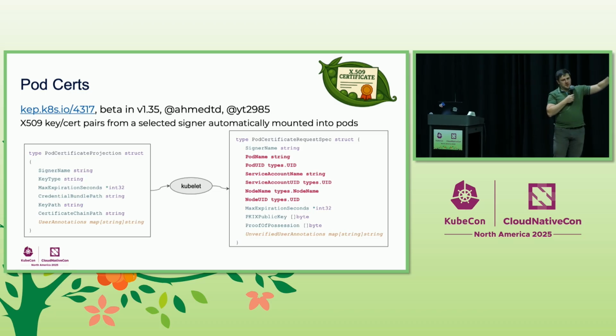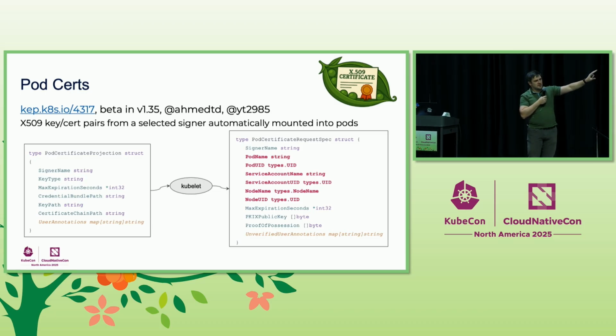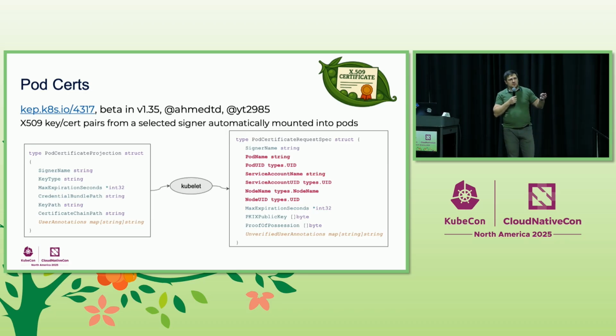So basically, the pod certificate request object that gets created is then picked up by the signer from the signer name, and the signer is usually represented as a controller, which observes these kinds of objects, and it just looks at the object, and if it seems fine to it, it will issue a certificate for this object. The certificate is eventually picked up by the kubelet, and the kubelet mounts it inside of your pod with the private key that it generated previously. Really nice feature to get some automation around certificates, I'd say.